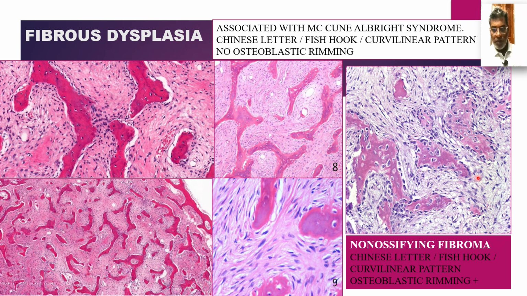So osteoblastic rimming is seen in non-ossifying fibroma. Osteoblastic rimming is absent in fibrous dysplasia. I have kept this slide only to tell this point. If there is osteoblastic rimming, it is non-ossifying fibroma. If there is no osteoblastic rimming, it is fibrous dysplasia.